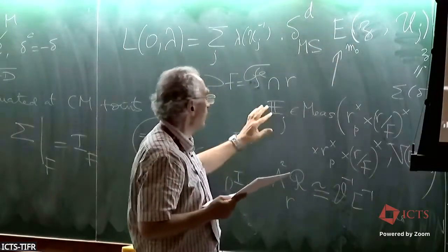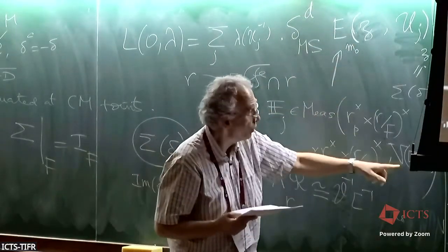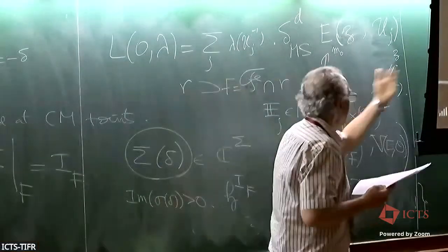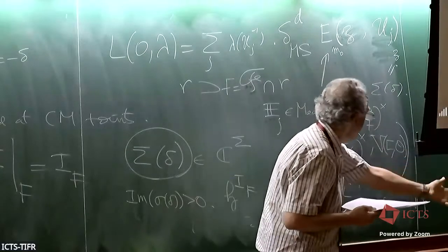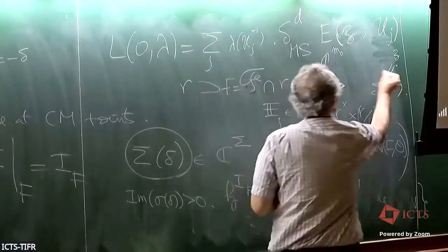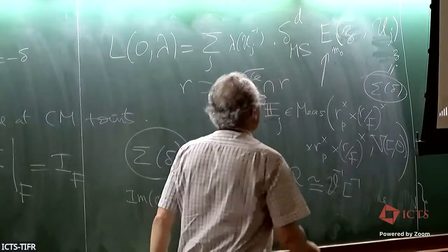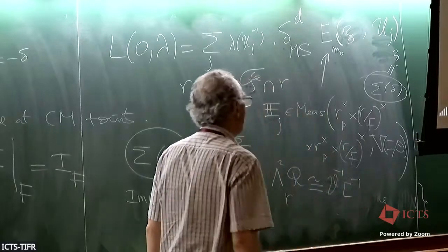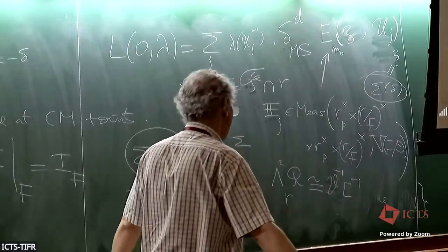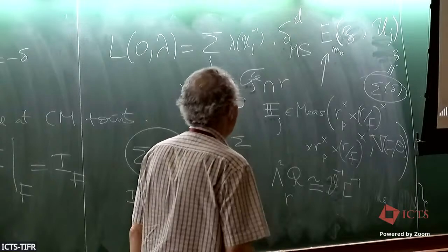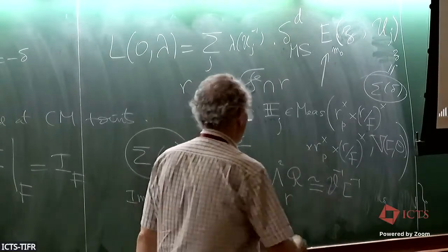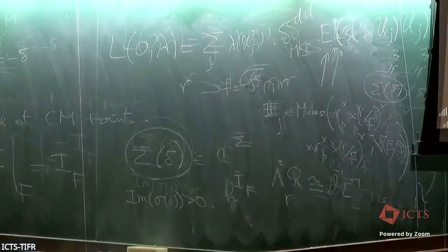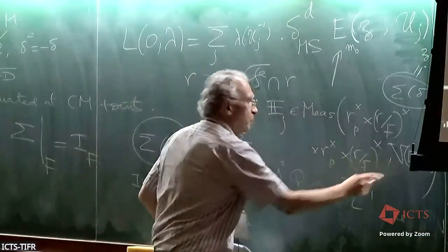So you take a measure with values in p-adic modular forms. But then you can evaluate these p-adic modular forms at this point. And of course, this operator has a meaning in the space of p-adic modular forms. It's a Ramanujan operator, a differential operator, so it acts on p-adic modular forms. This operator has a p-adic avatar in the space of p-adic modular forms.